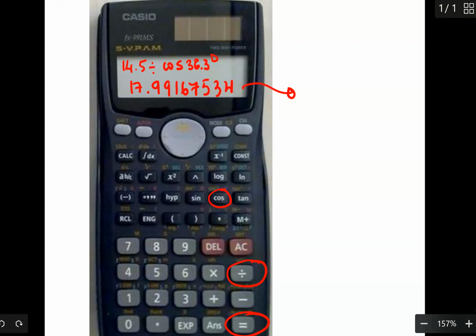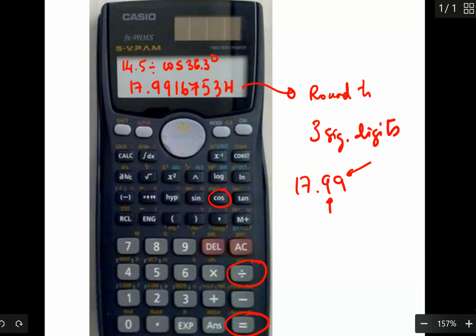Now I need to round this to 3 significant digits. So 17.99, you need to look at this number 9 and round it, so you add 1 to this 9. Your final answer should be 18.0 centimeters in 3 significant digits.